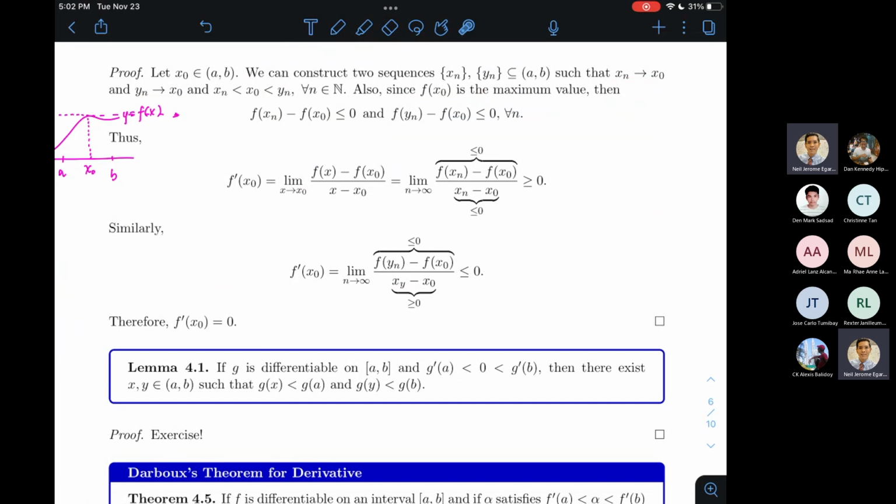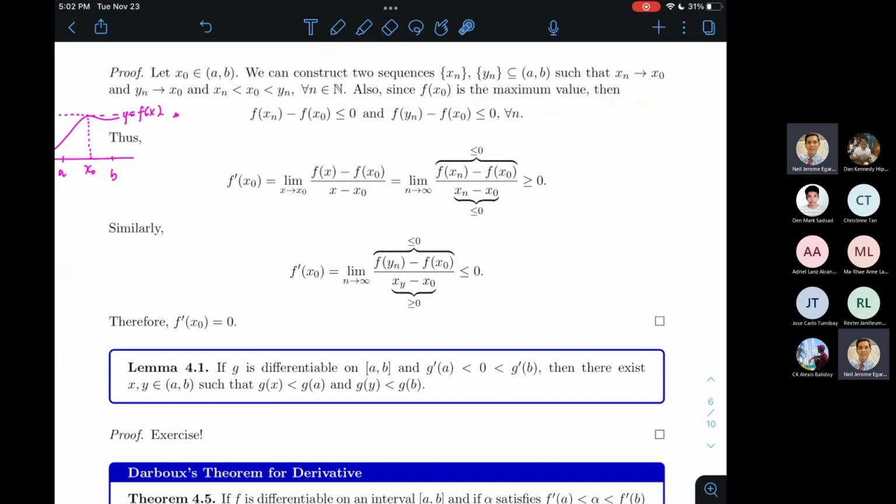And this can be done because x sub 0 being an interior point of AB is a limit point of the open interval AB. Dahil limit point siya ng open interval AB, merong sequence sa loob ni AB na nagko-converge kay x sub 0.